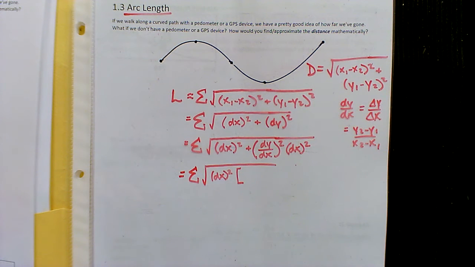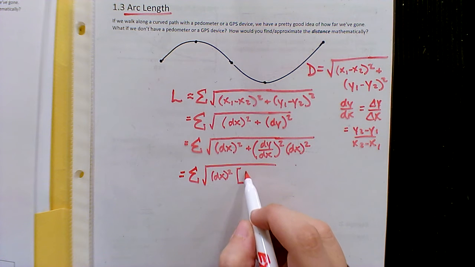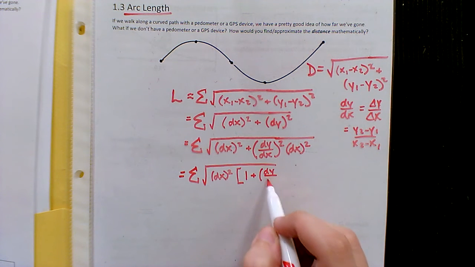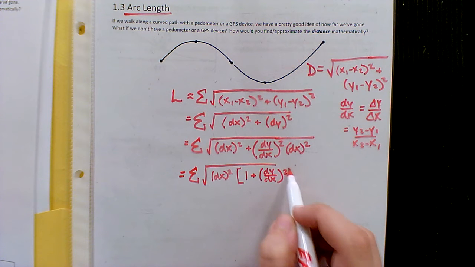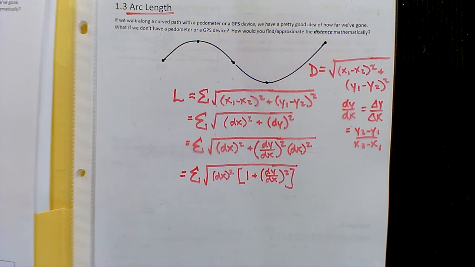We're just factoring it out of the two terms individually, so it's still under the square root. So if we pull that term out, we're left with 1 plus dy over dx squared. So far, so good?